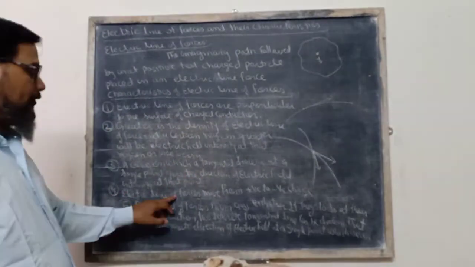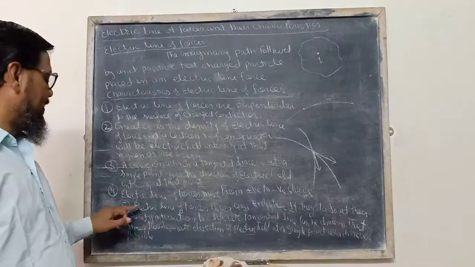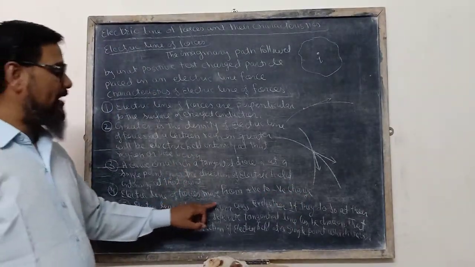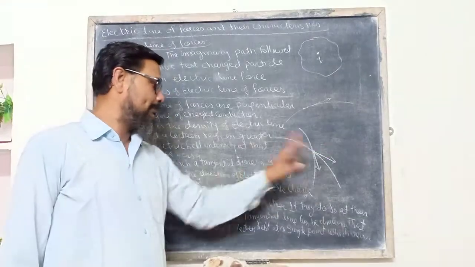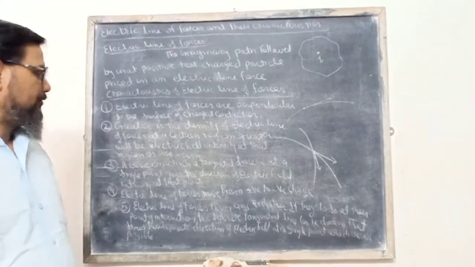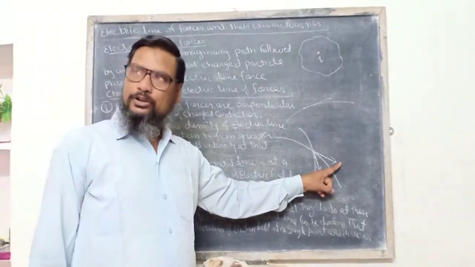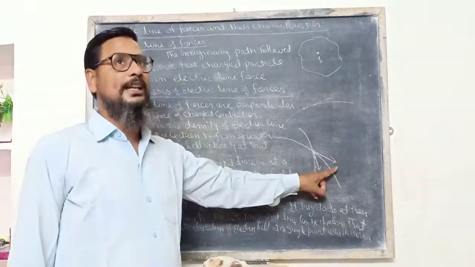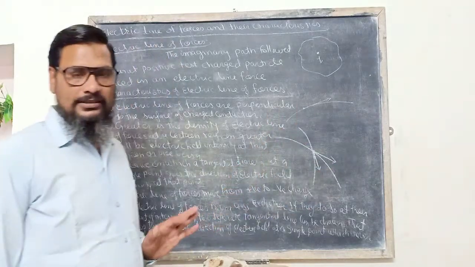And electric line of forces always move from positive to negative charge, and never cross each other. If they do so, at their point of intersection two separate tangential lines can be drawn that show two separate directions of electric field at a single point, which is never possible.